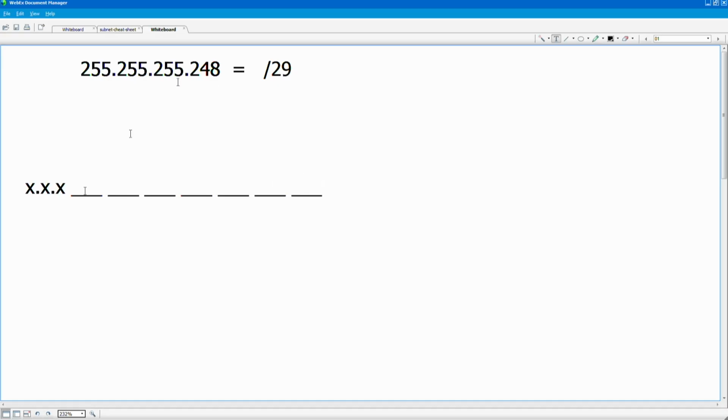So there's my last octet. Put in my binary numbers. Hold on a second. I think I'm missing something.